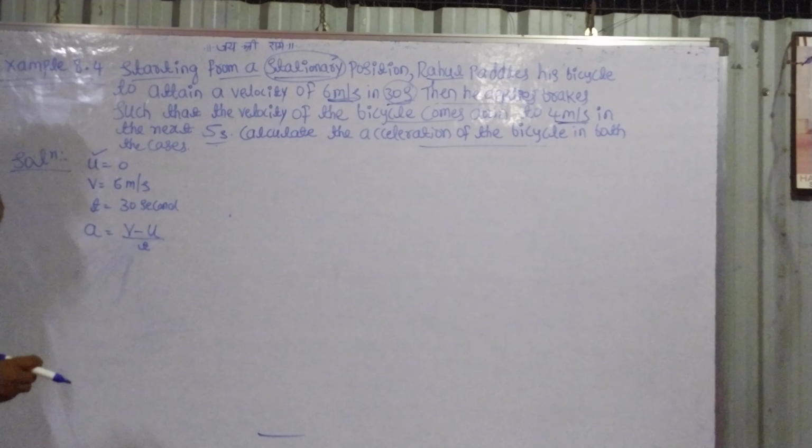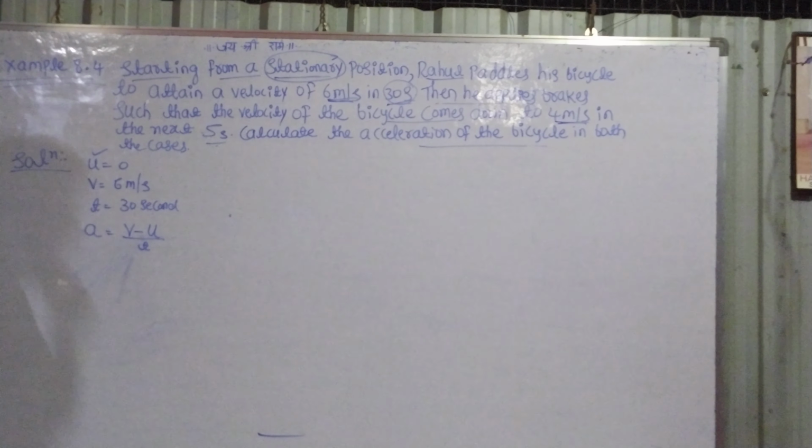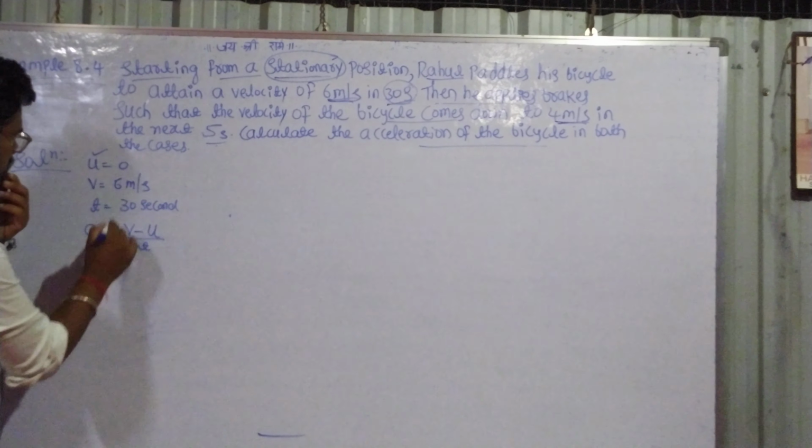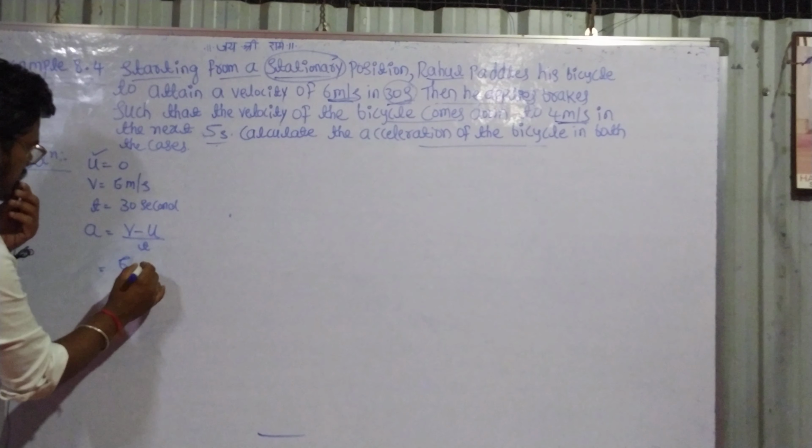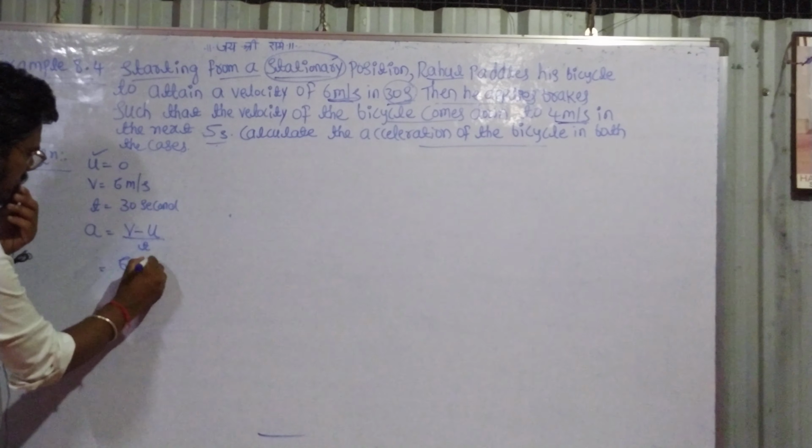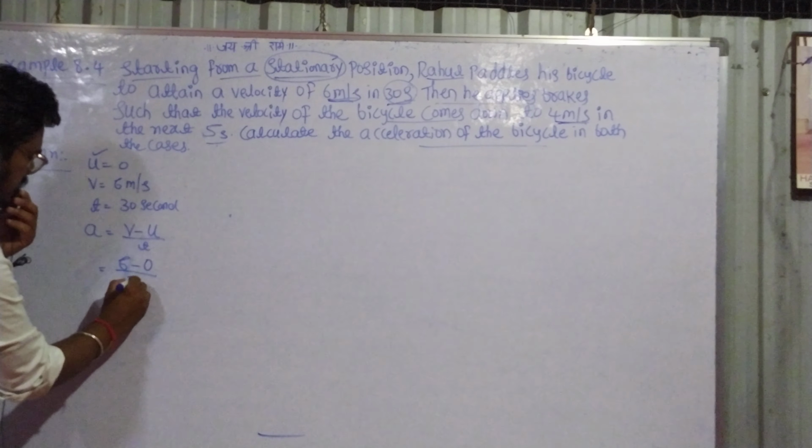And we know the acceleration formula: final velocity minus initial velocity divided by time. Final velocity is 6, minus initial velocity 0, divided by time 30 seconds.